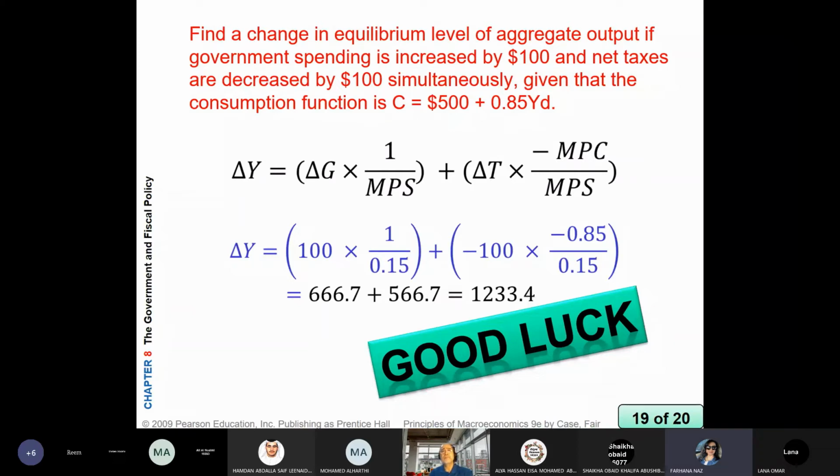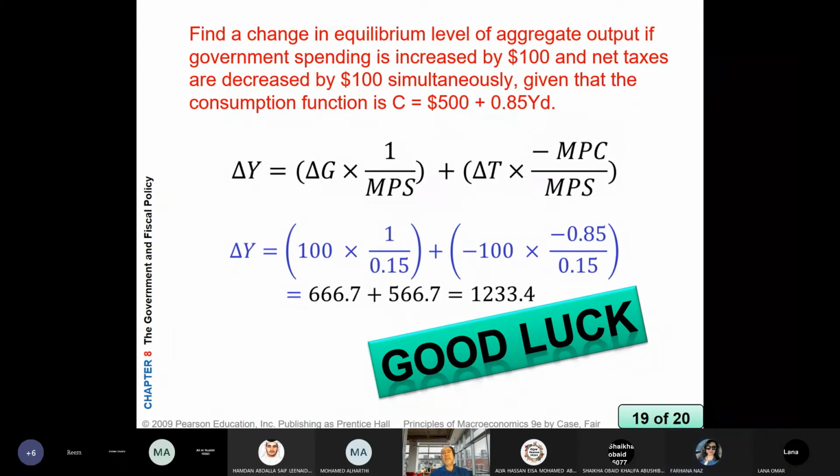Find a change in equilibrium level of aggregate output if government spending is increased by $100 and net taxes are decreased by $100 simultaneously, given that the consumption function is C equals $500 plus 0.85 YD. Okay.